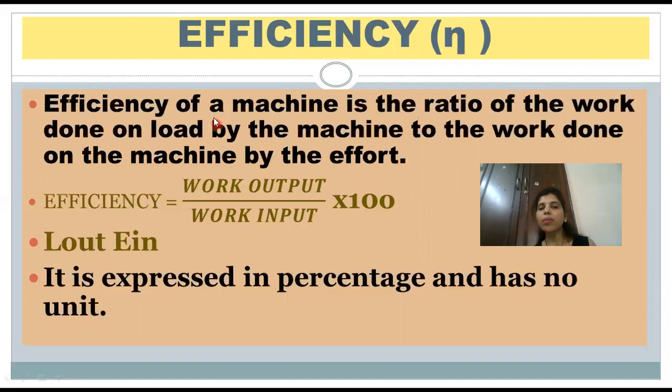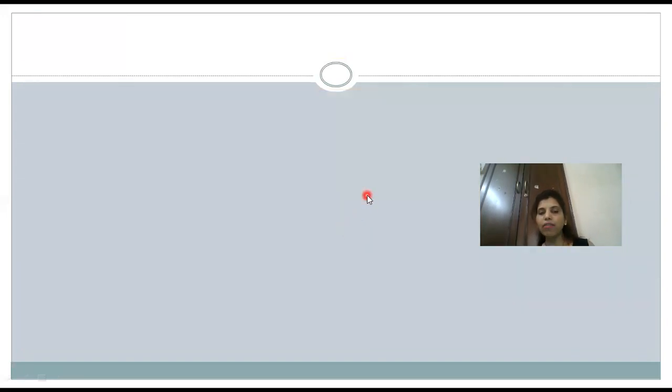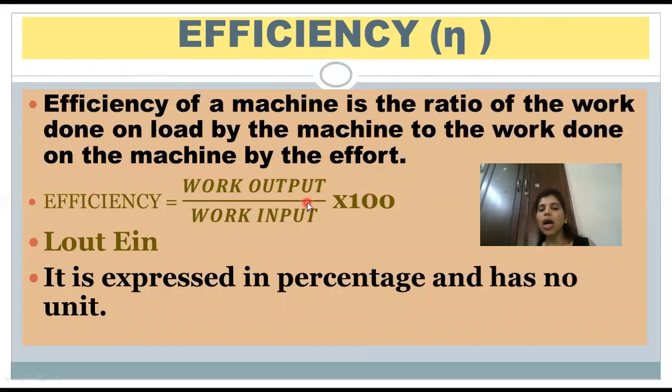Whenever you are talking about efficiency of a machine, it is taken as a ratio, and because efficiency is in percentage, you are multiplying it with 100. So efficiency is equal to work output. Remember that output is going to be in the numerator and input is going to be in the denominator. So how are you going to remember this?